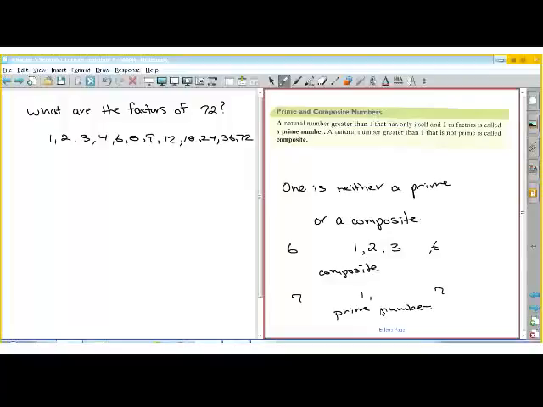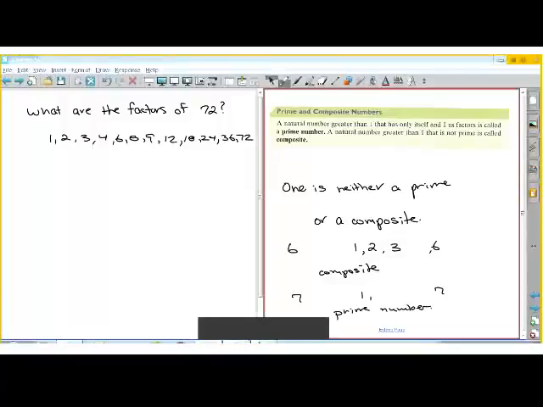Now, how many people think if I showed them a number from 1 to 100, they could tell me whether it's prime or not? You ever did that in class? Do you ever remember that or think that was important? So I'm going to quiz you guys on this.